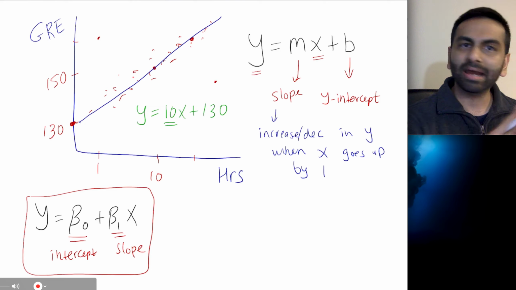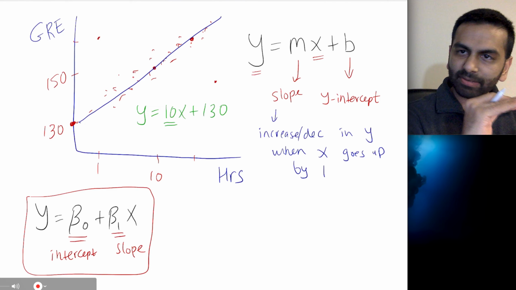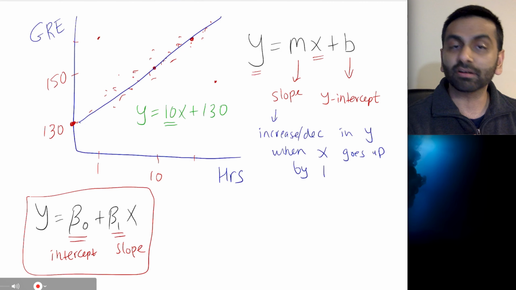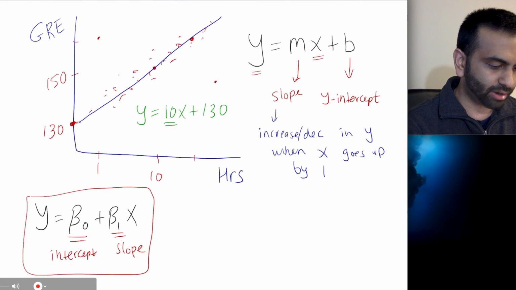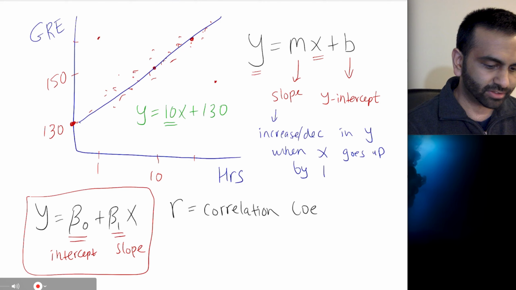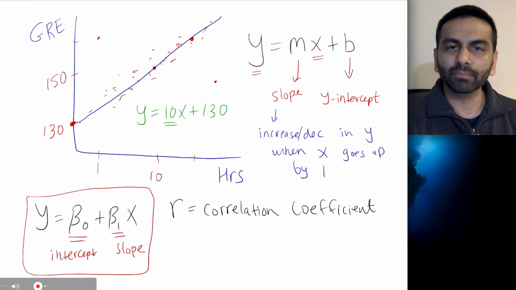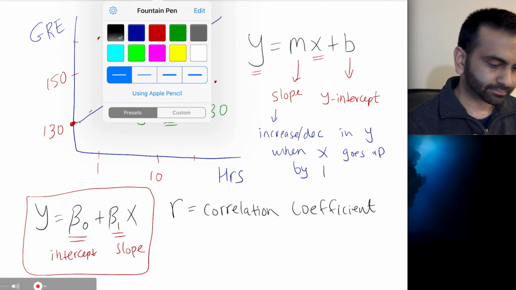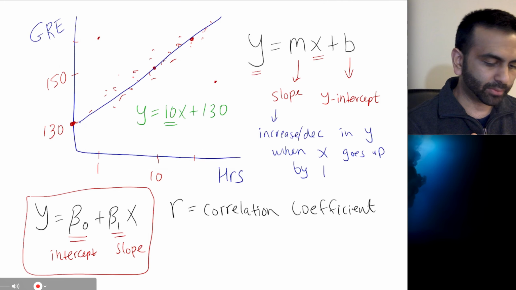And the last thing about this is the correlation coefficient, R. Whenever you have a scatter plot and a line of best fit through it, in addition to the slope, you can also get the correlation coefficient, R. The correlation coefficient is a number between -1 and 1.